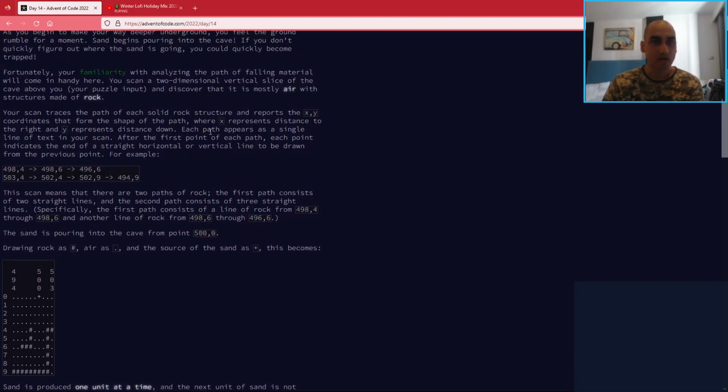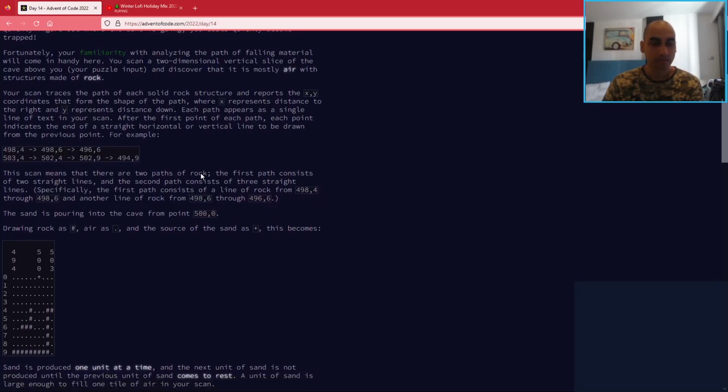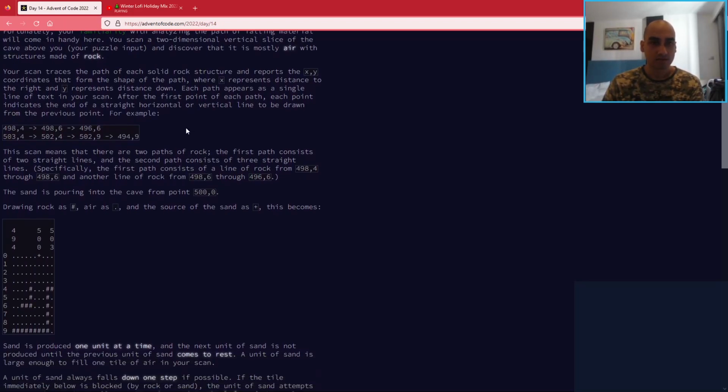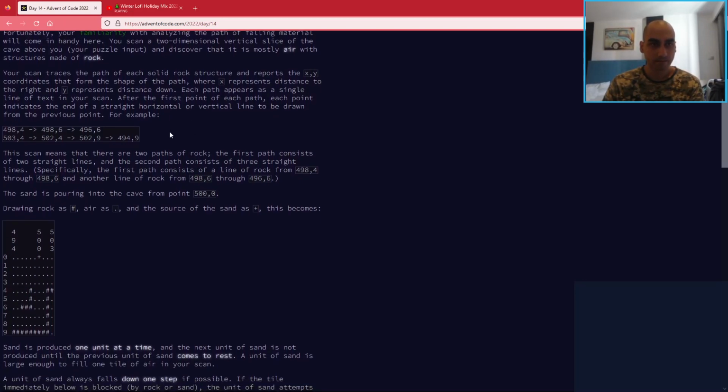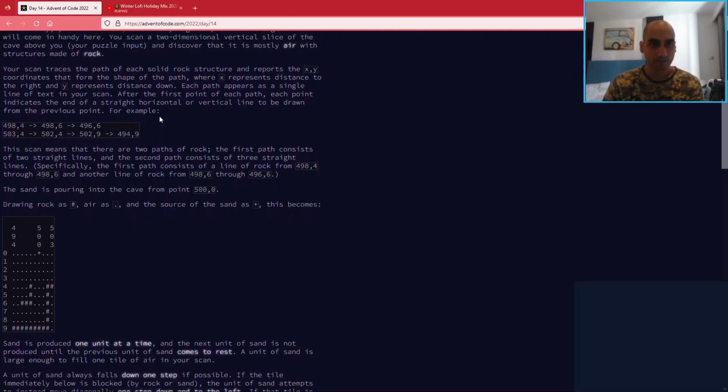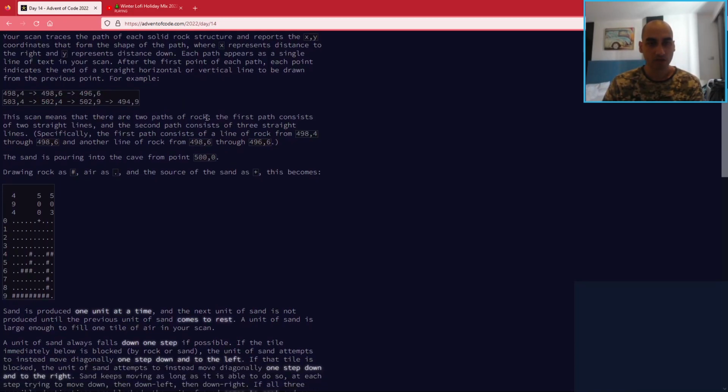What exactly is a path? Oh, the path is telling us where the material will fall. After the first point of each path. Oh, so it's telling us the coordinates it's going to follow. There are two paths of rock. The first path consists of two straight lines.